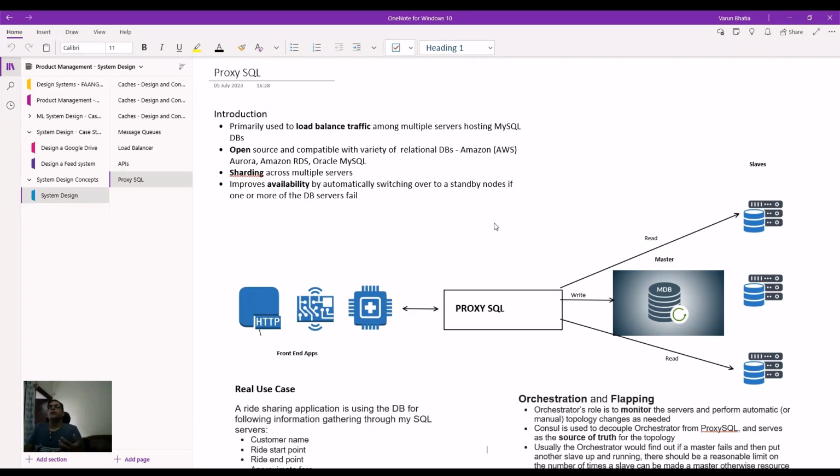Before we get into the details, I'd like to start the discussion by sharing a real incident where Proxy SQL really helped the organization.